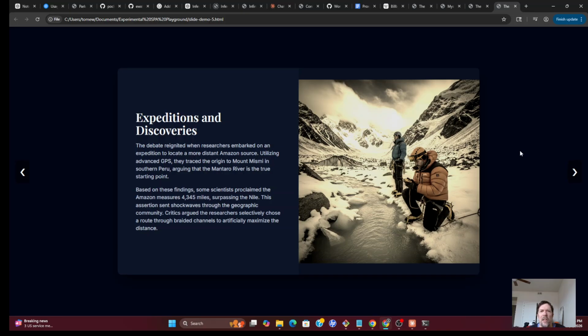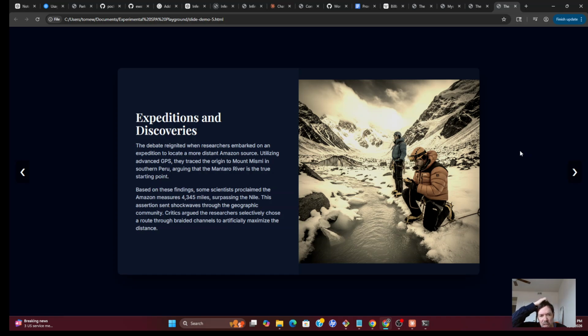With the Amazon, it's quite interesting because both the Nile and the Amazon are fluid rivers, depending on what time of year it is and how much water there is.